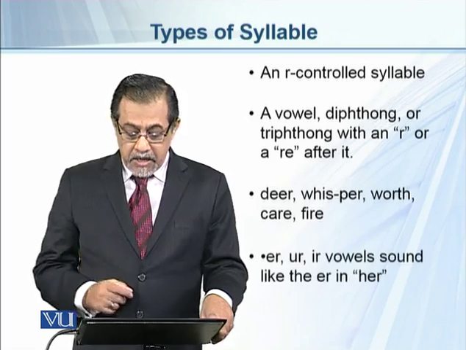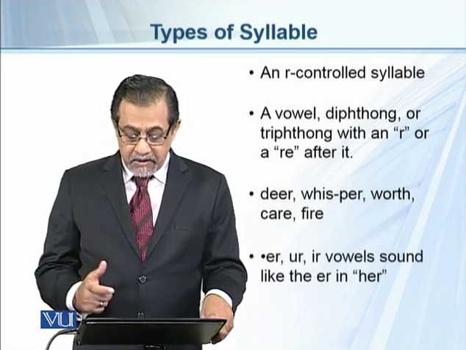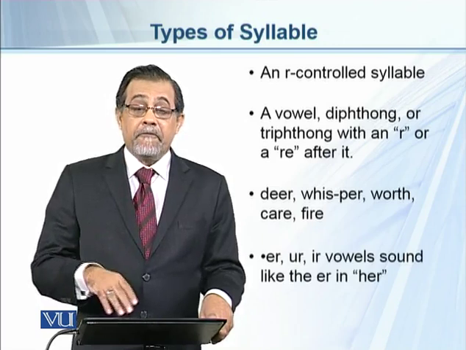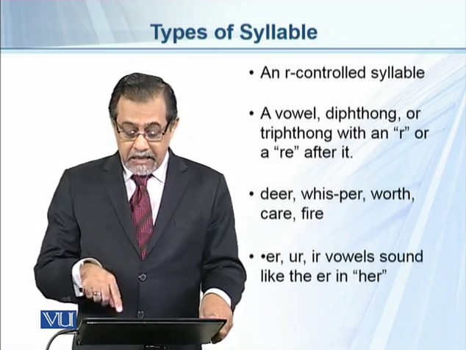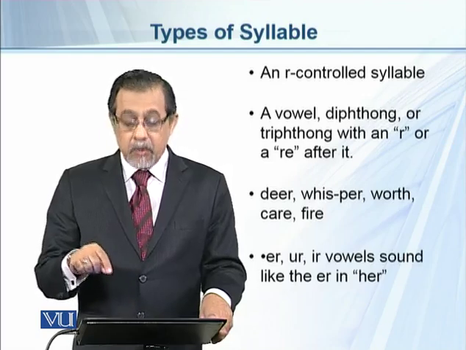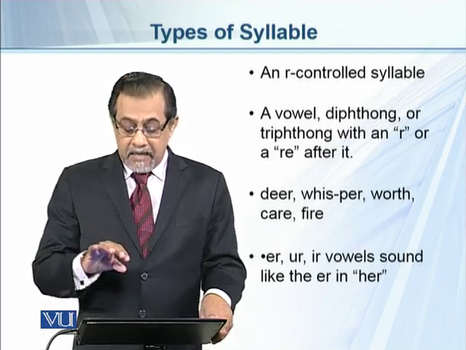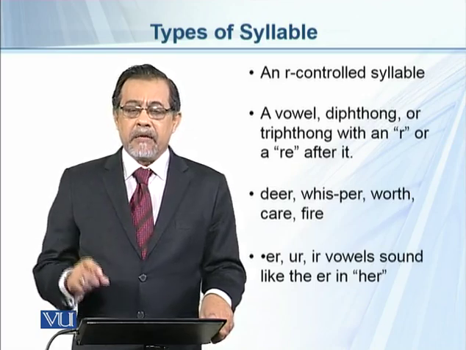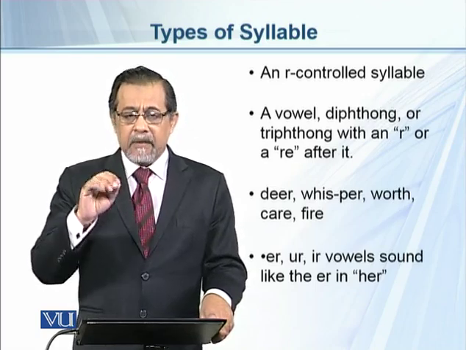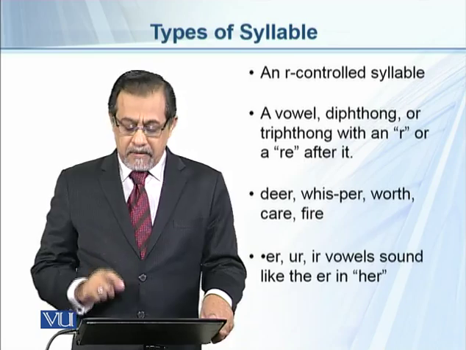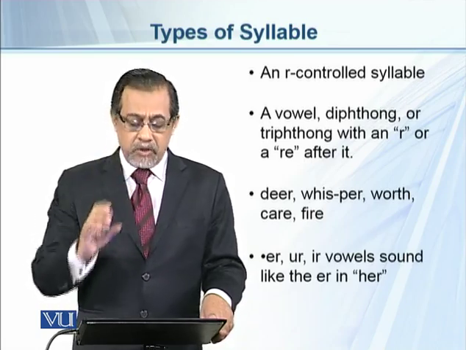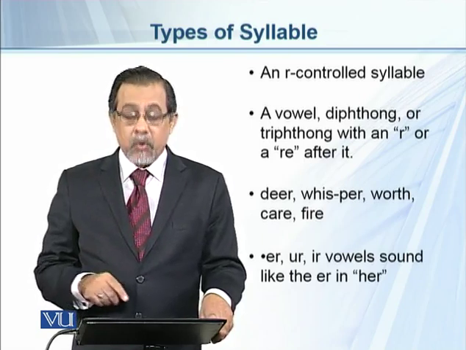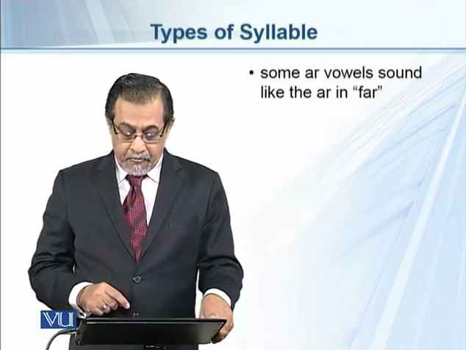If you find the spellings ER, UR, or IR in a word, they are pronounced as we pronounce ER in the word her. The sound of the bird is used for ER, UR, and IR.